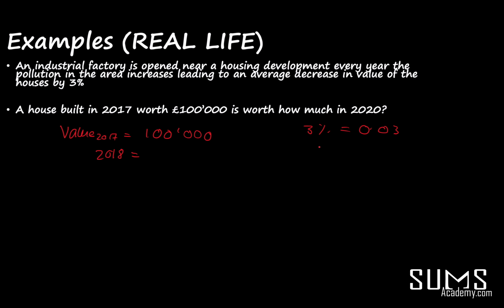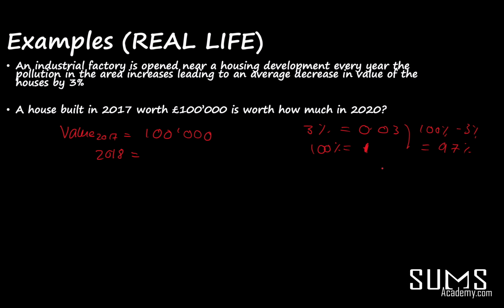If it was still worth 100% of what it was worth, it would be 1. So we know it's going to be 3% less than this. So actually what we need to do is take these two numbers apart: 100% minus 3%, which is equal to 97% of what it was.